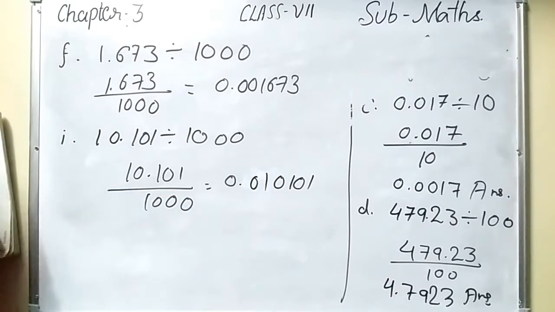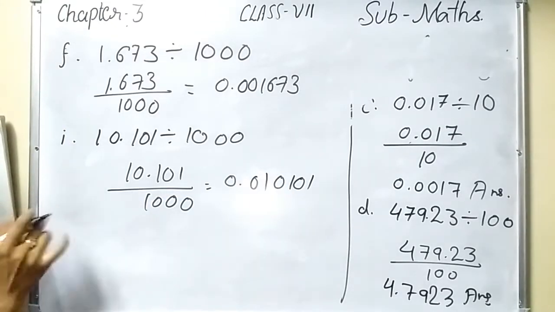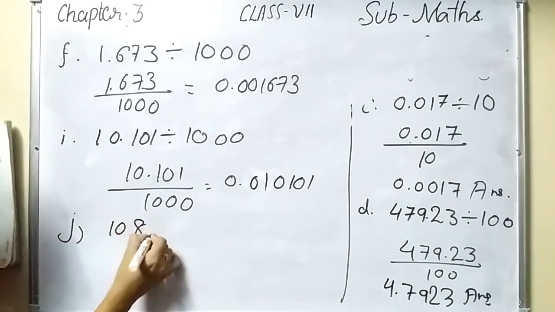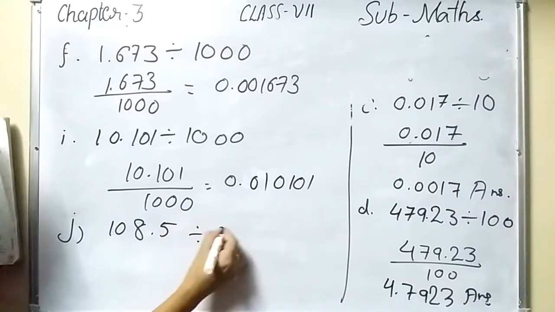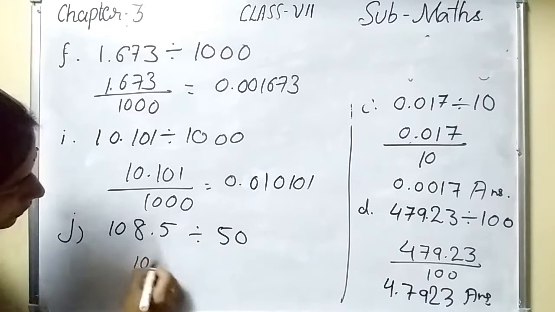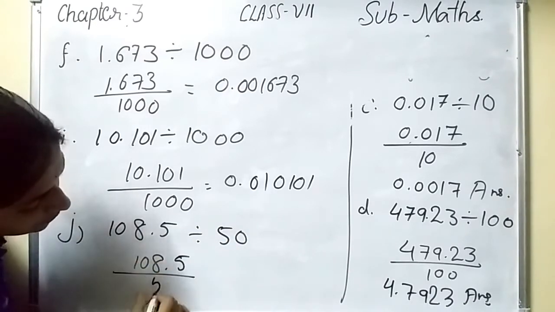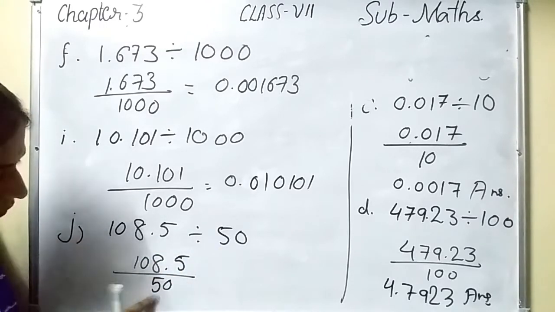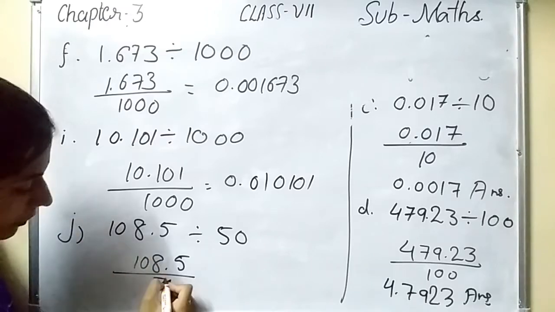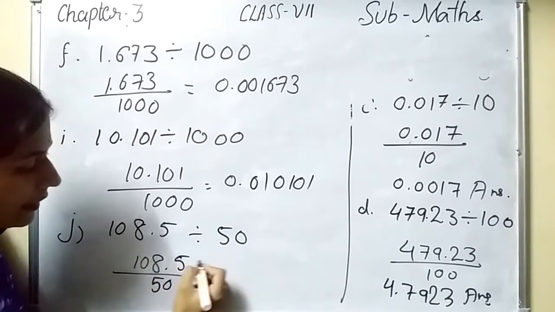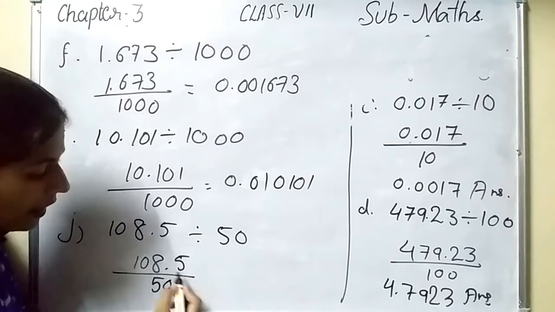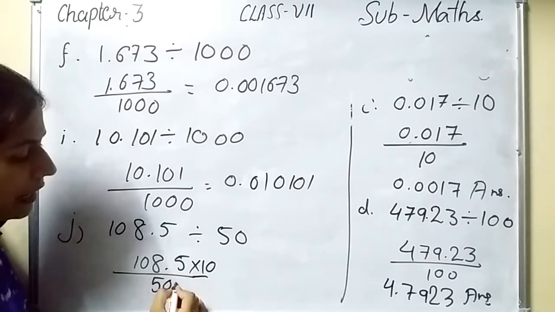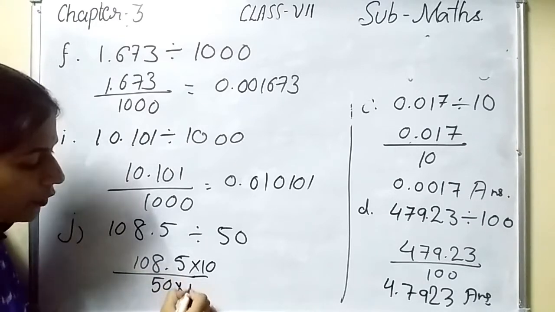Now question number J: 108.5 divided by 50. Don't look at the 0, because it is not 10, 100 or 1000. First of all remove your point. To remove the point, multiply the numerator by 10, and multiply the denominator also by 10.